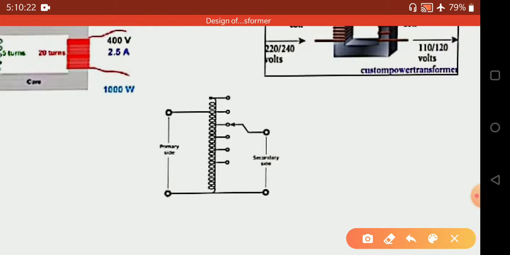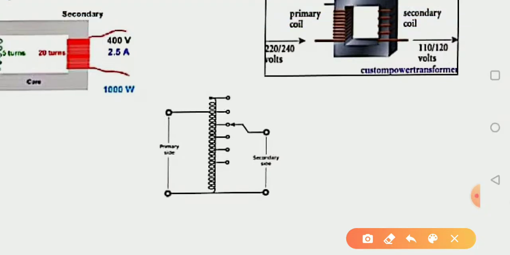On the secondary winding we tap from here, so this portion is called the secondary winding.